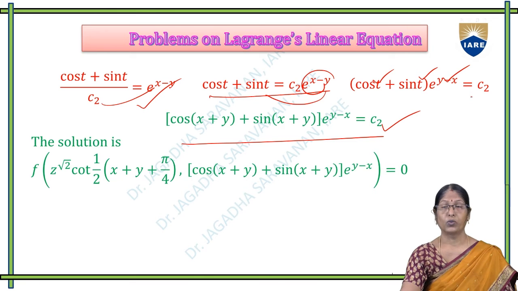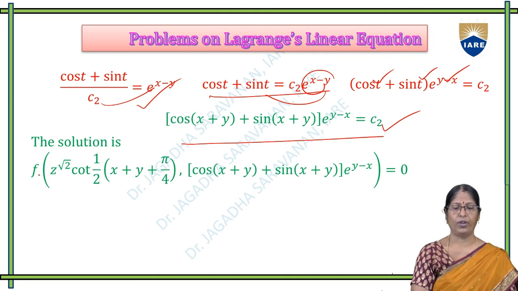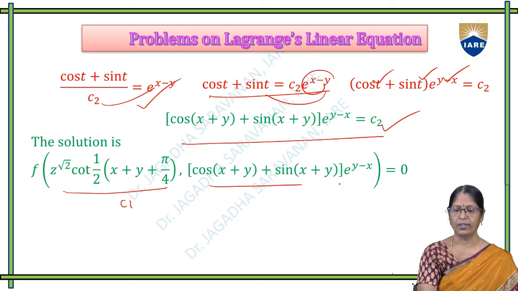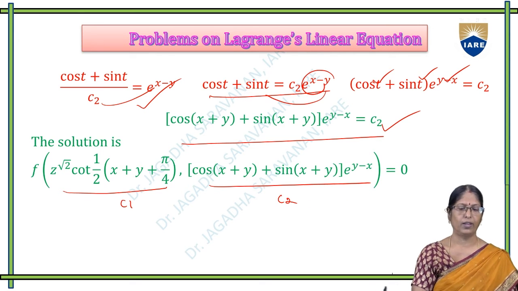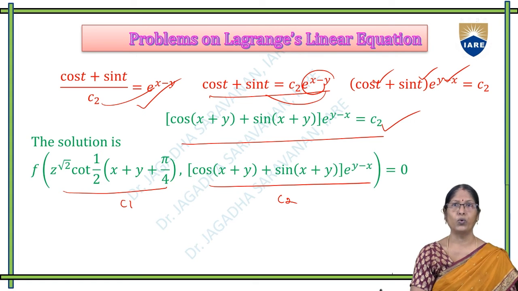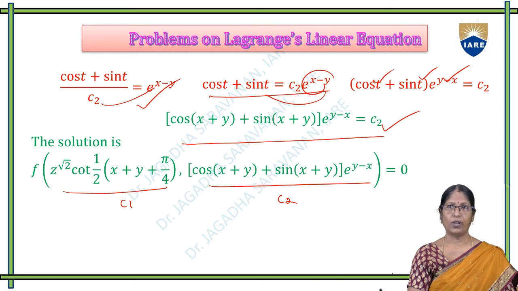So the general solution is, we can write f or phi of, this is the one C1, this is C2, what we obtained the solutions. That is z power root 2 cot of 1 by 2 of x plus y plus pi by 4, comma, cos of x plus y plus sine of x plus y, the whole into e power y minus x, which is equal to 0.